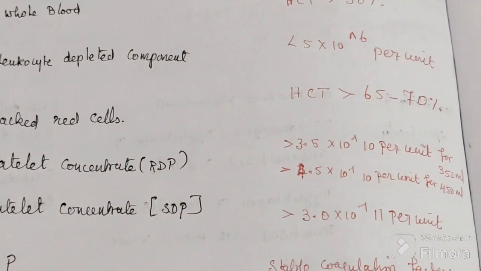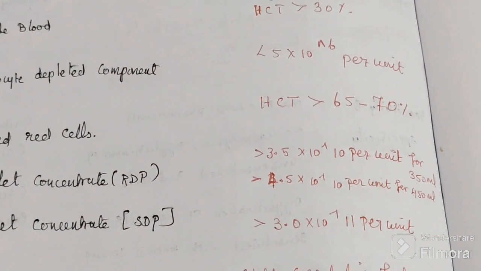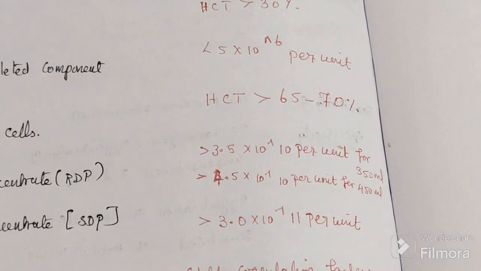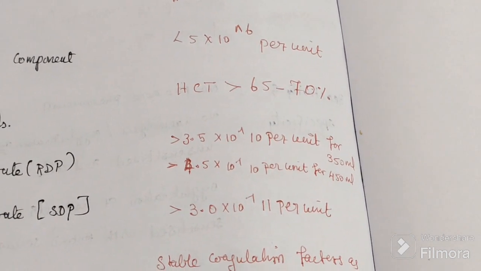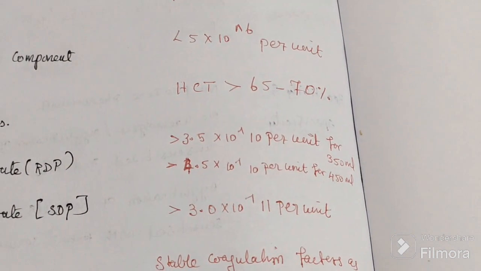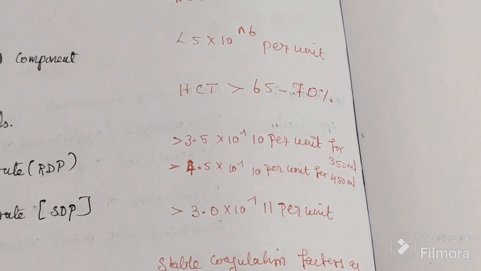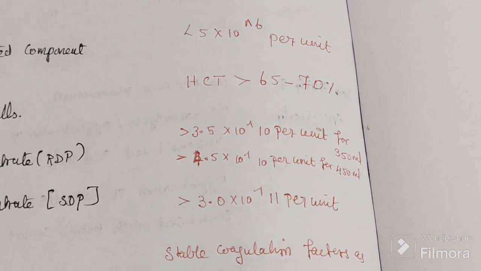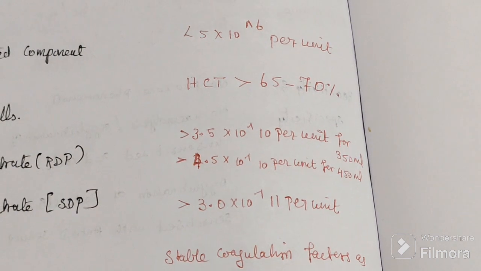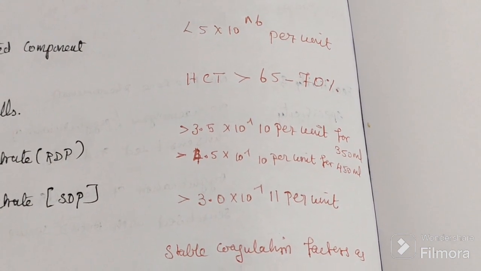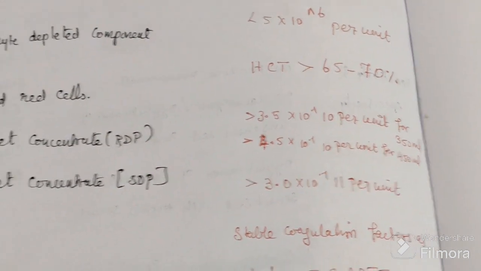Then platelet concentrate RDP, that means random donor platelet: more than 3.5 x 10 per unit for 350 ml and 4.5 x 10 per unit for 450 ml.